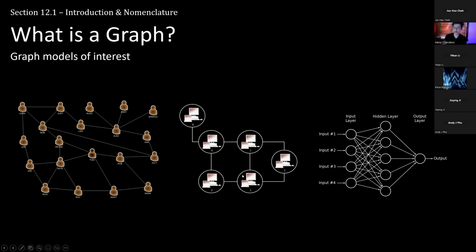You can also have computer networks, and you can represent them as graphs, which makes modeling their dynamics and communication behavior very easy. And more recently, you guys are probably very aware that we have these wonderful things called neural networks. Neural networks are also, in a sense, graphs, although it's not always very useful to think of them as graphs, but nonetheless, they induce what is called a computation graph, which I'm sure I'll mention at some point in recitation or during this one or the next one.